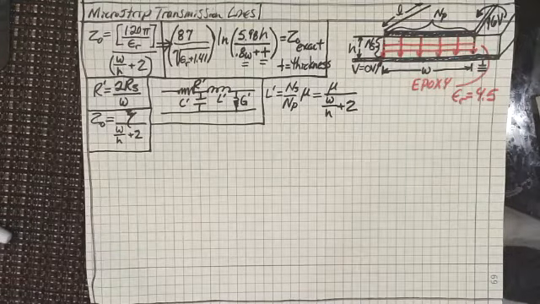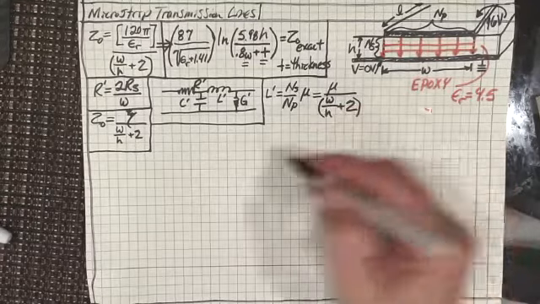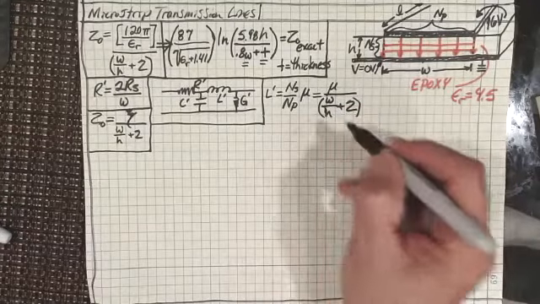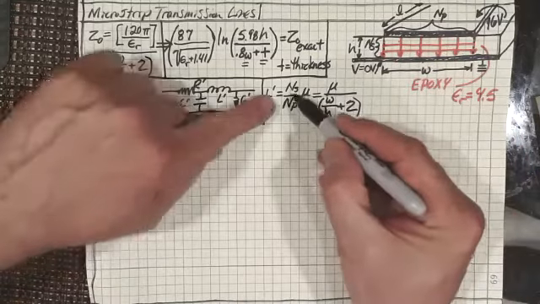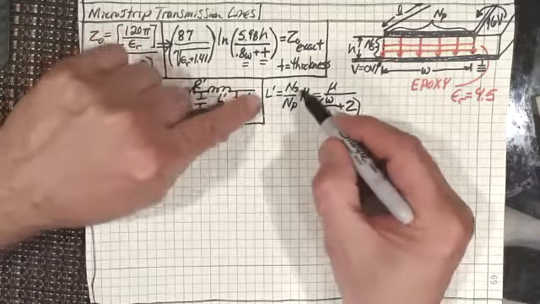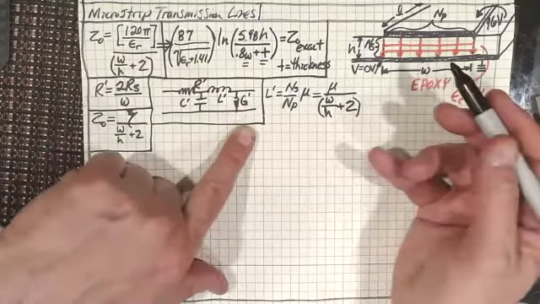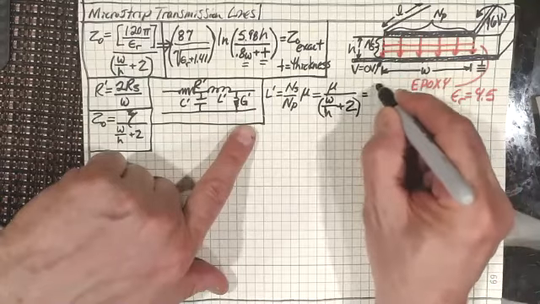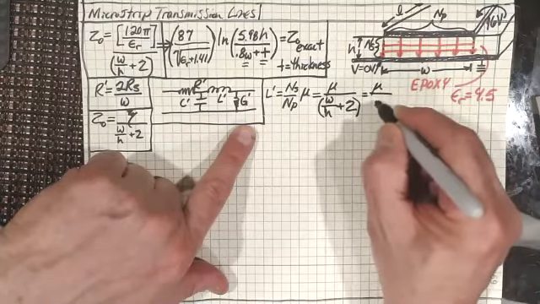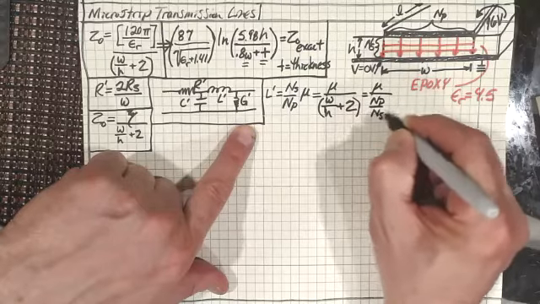Now, why is it plus 2? I'm just going to put a parentheses around here. Why is it plus 2? You said that W was n sub p, and you can see here that really we could rewrite this as mu over n sub p over n sub s, right? I think everybody can see that. I'll just write it out here. So this would really be mu over n sub p divided by n sub s.